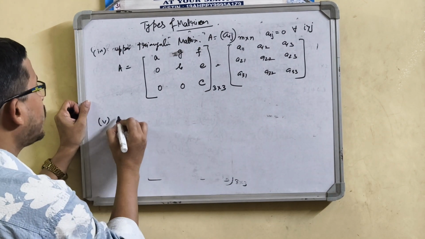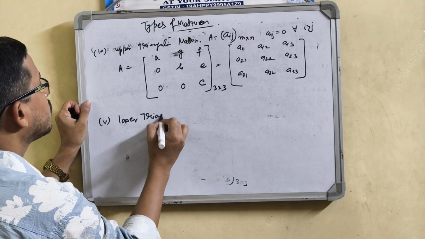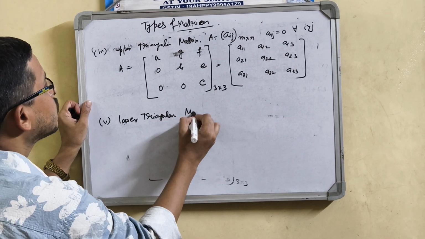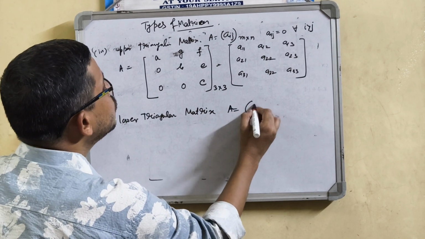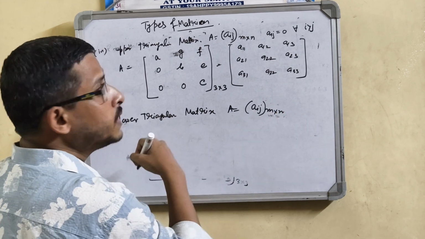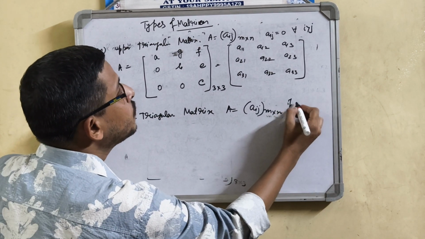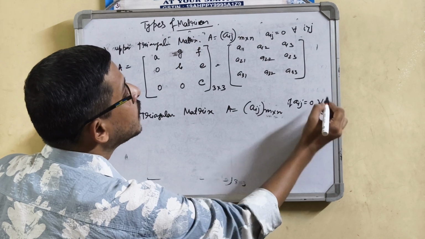And for the lower triangular matrix, A equal to Aij of order m by n is said to be the lower triangular matrix if Aij is equal to 0 for all i less than j.